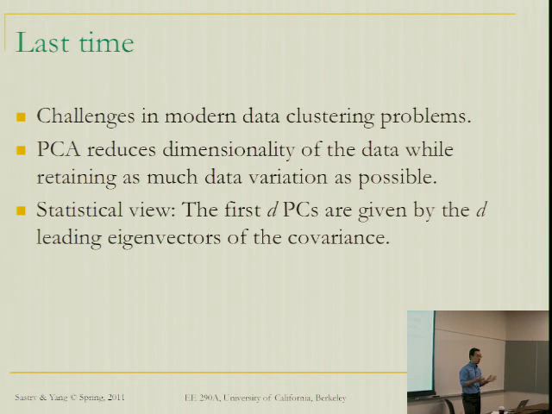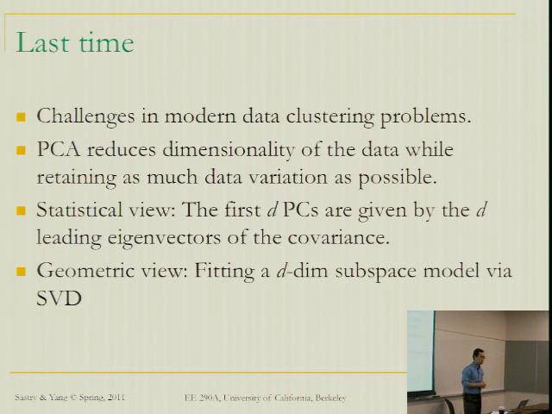From the statistical view, the first leading principal components are given by the leading eigenvectors of the corresponding covariance matrix. And we also have a geometrical view. Essentially, PCA is trying to fit a small d-dimensional subspace model using a numerically efficient algorithm called singular value decomposition. Those are some of the topics we studied last time.